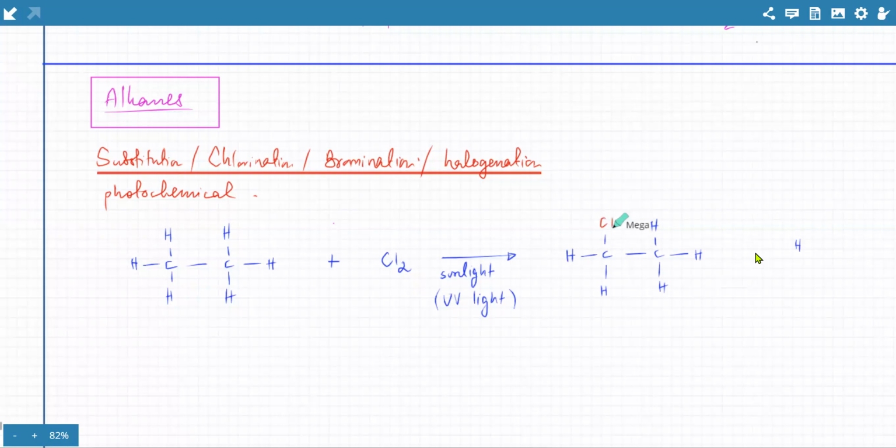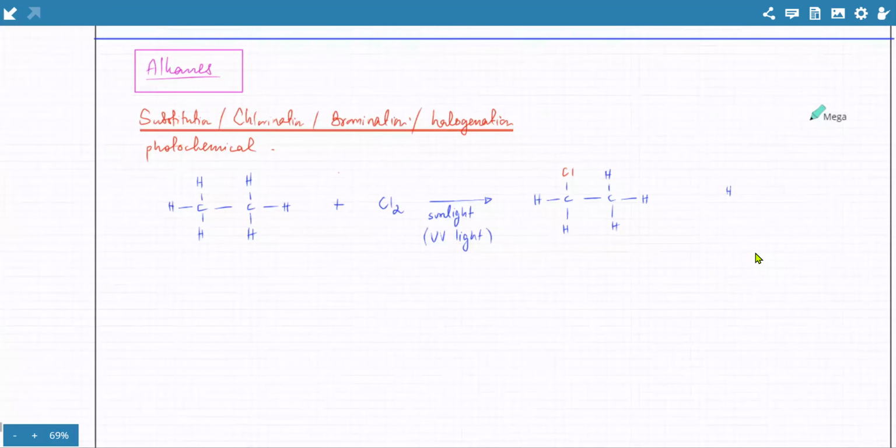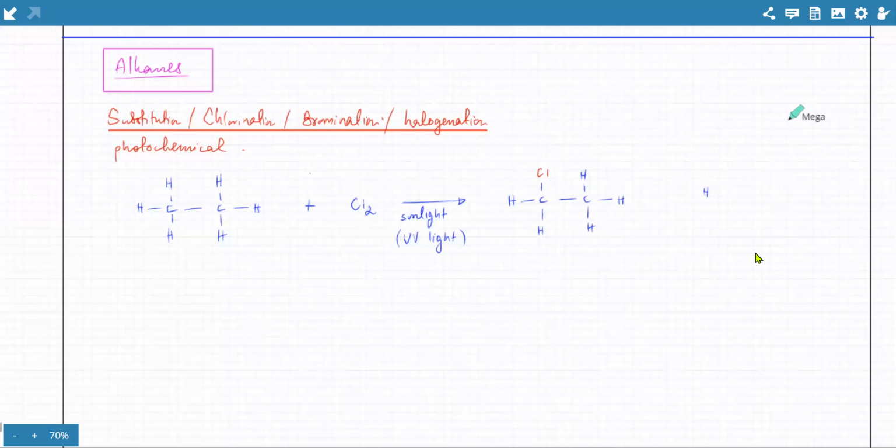Substituted by chlorine. I mean, if you're reacting it with the chlorine, it's going to get substituted by chlorine. That's the whole reaction. So any one of the hydrogens is going to get substituted. What would the hydrogen do that has been substituted? It would bind with the other Cl and form a molecule of HCl. So that's your entire reaction.